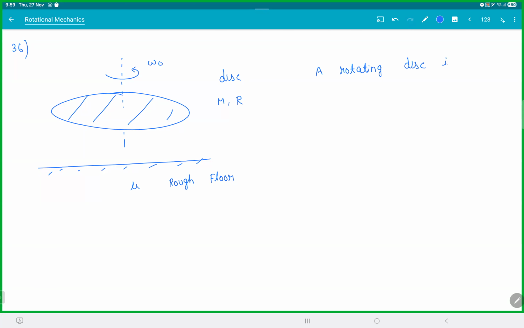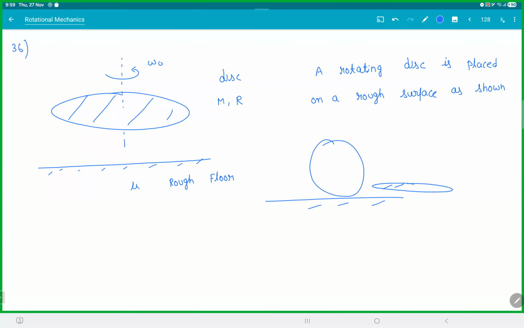A rotating disk is placed on a rough surface as shown. Are you getting how? It's like your dosa. I'm not keeping it like this. This is different. I'm keeping it like this, like a dosa, flat.